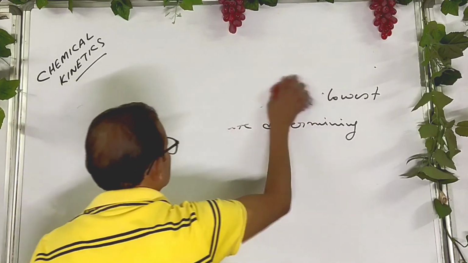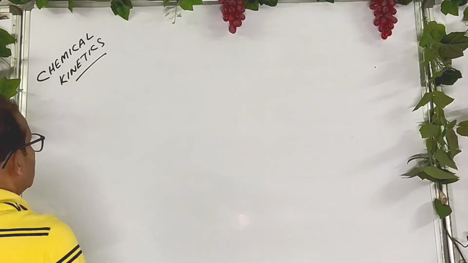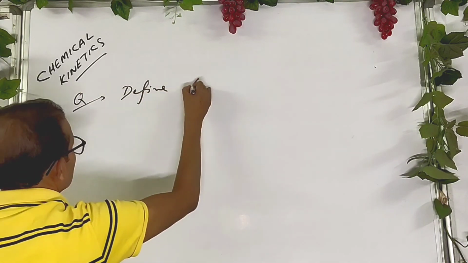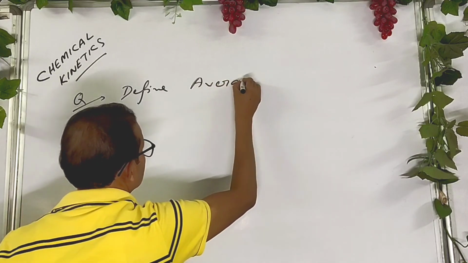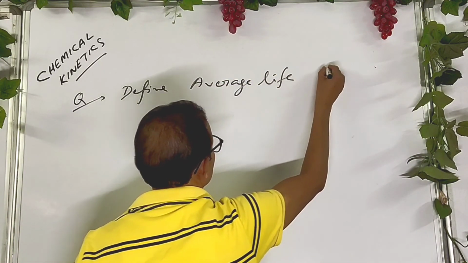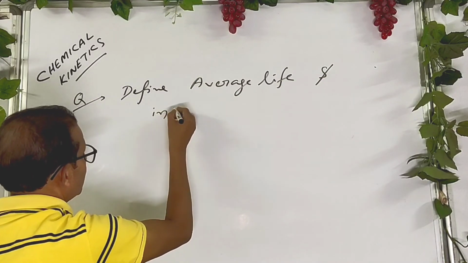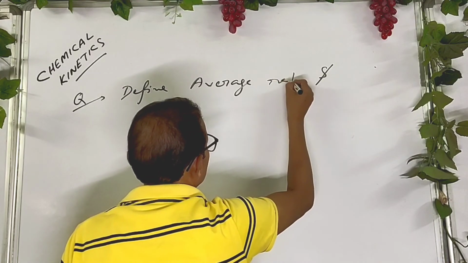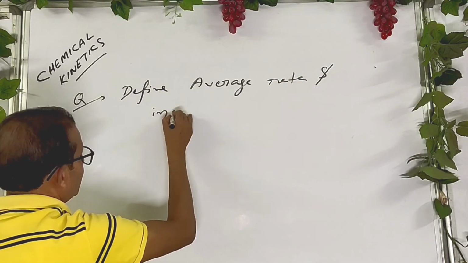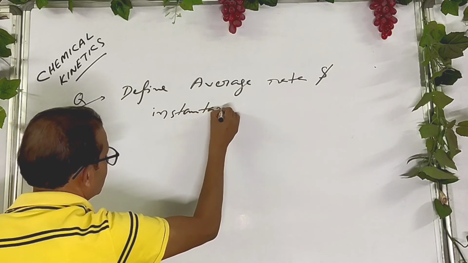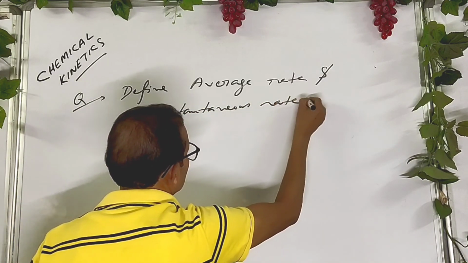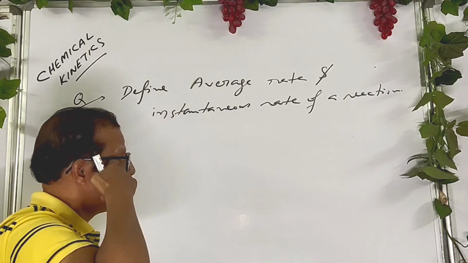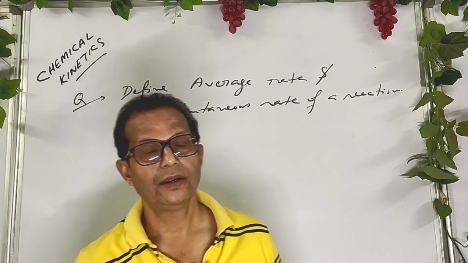So see the question: define average rate and instantaneous rate of a reaction. Now listen, understand it, okay?